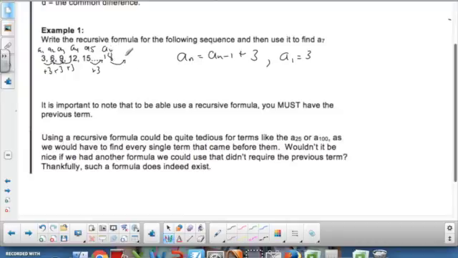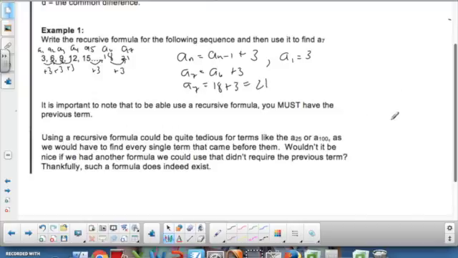And then the next term, I would say plus 3, that would be a sub 7, and it's 21. If I were going to use the formula, I would say a sub 7 equals a sub n minus 1, which would be a sub 6, plus 3, and a sub 6 is 18. So 18 plus 3 is 21. Okay?